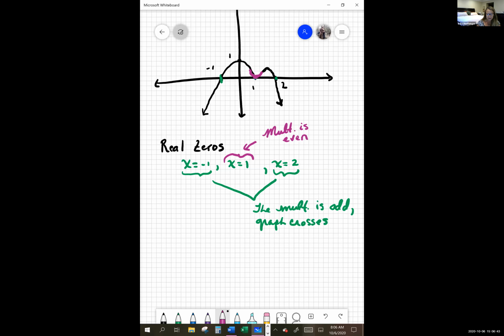And then if it's even, the least number of times it could be would be 2. So 1 plus 1 is 2, plus another 2, that's 4. So far right now, it looks like the least degree it could be from the zeros is degree 4.